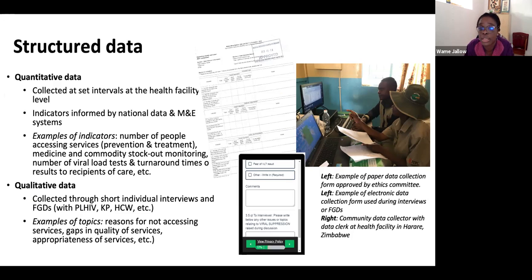We can do it electronically using a tablet, or paper-based, where somebody brings forms to the health facility that are completed with the healthcare provider. The quantitative information can be collected quite routinely, depending on the intervals you think are critical for data collection.